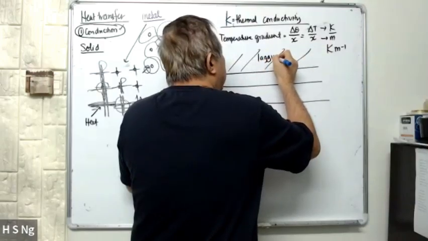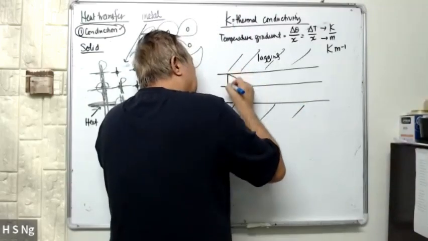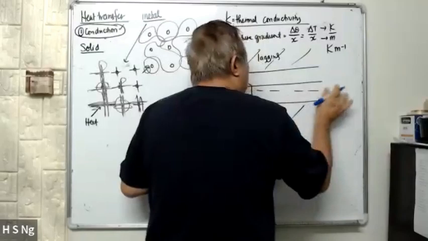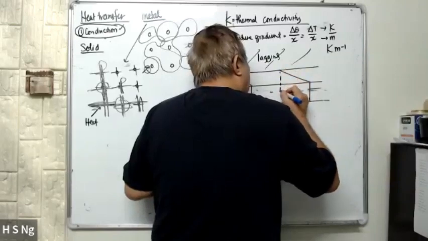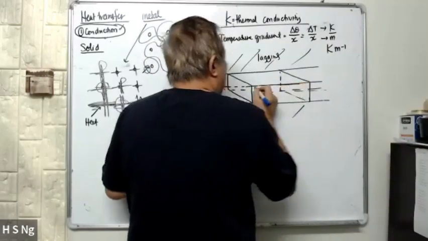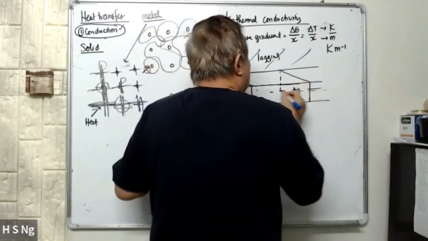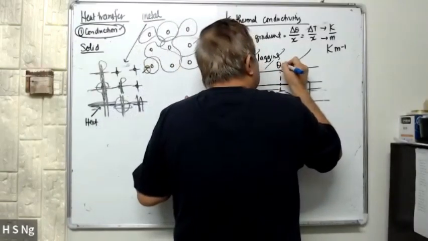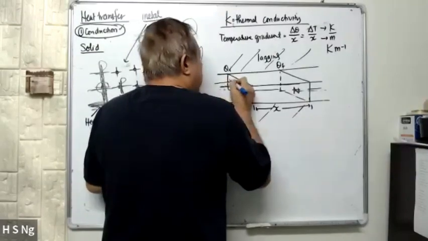Let's consider two sections, M and N. Let's say the temperatures are theta I and theta F, and this distance is X. Let's say heat is traveling in this direction.